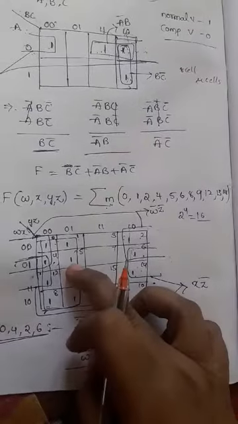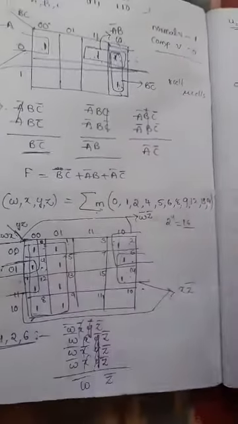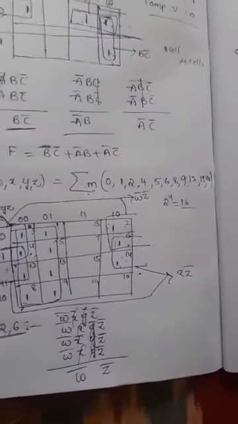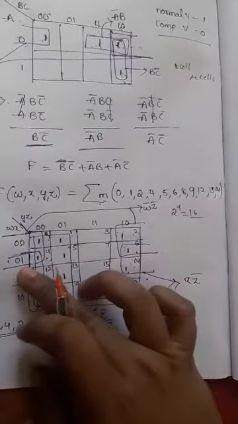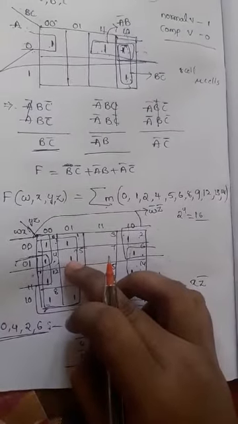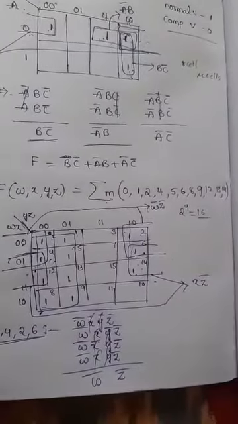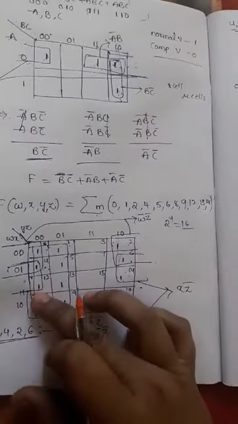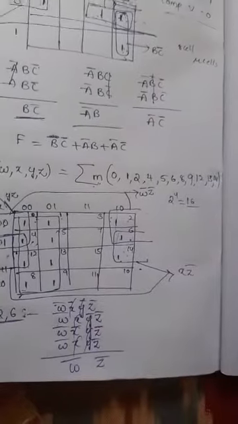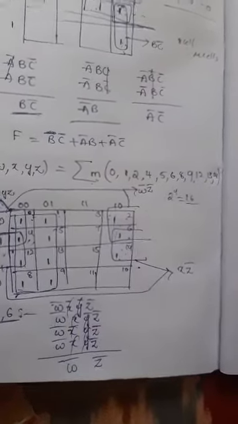Now coming to this one. So 5, 0 1 0 1. So W complement, X, Y complement, Z. Next, for this 12th, that is nothing but 1 1 0 0. So W, X, Y complement, Z complement.